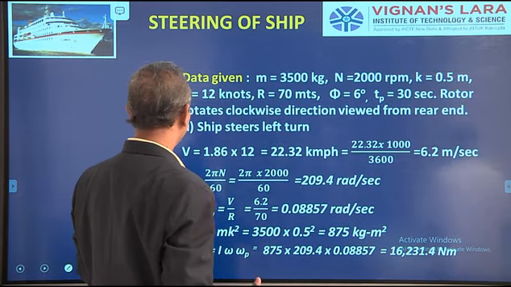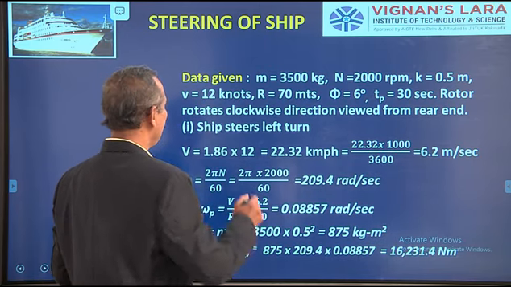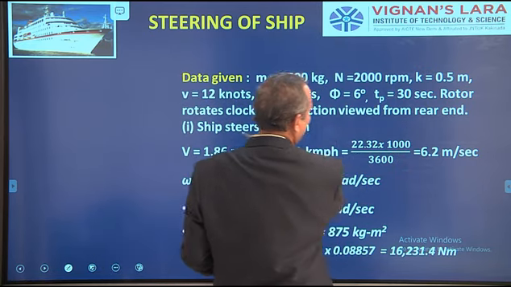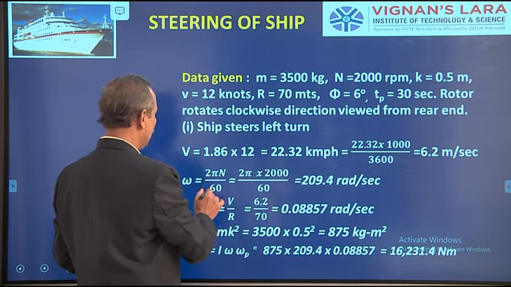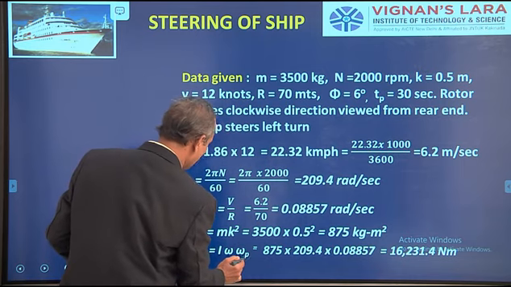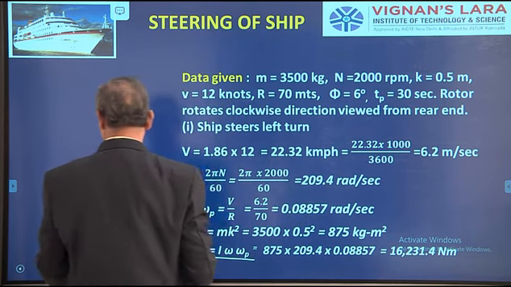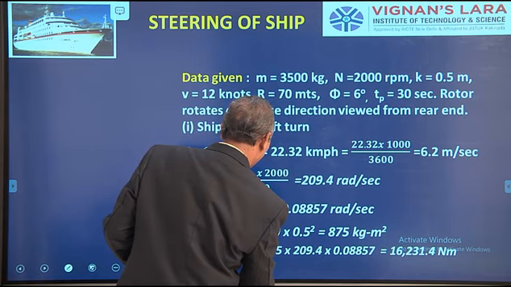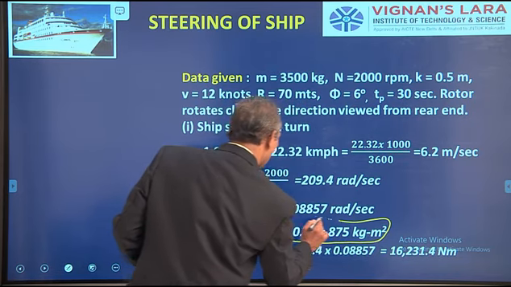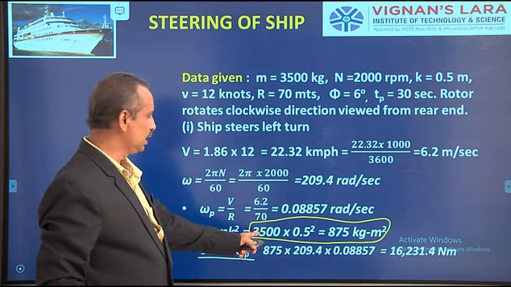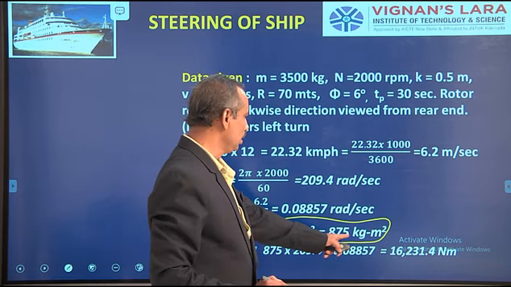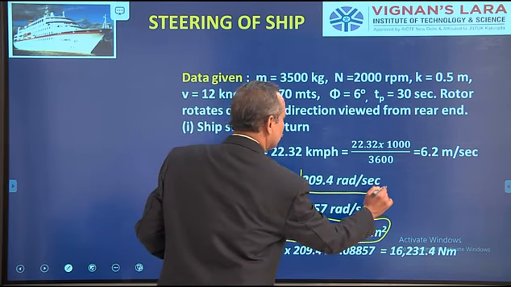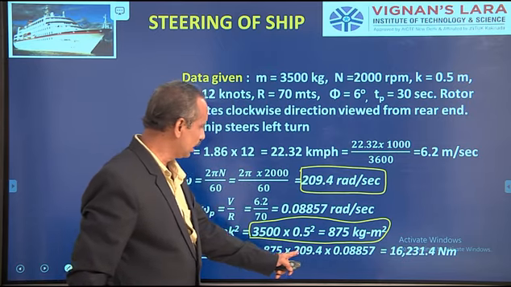So you can see the same thing here. I have written whatever I have explained, the same values. I solved it first. As I just told you, C is equal to I omega p, and I is mk square. I told you how to obtain that value, 875 is substituted. Then omega is 2 pi N by 60, that is also substituted.